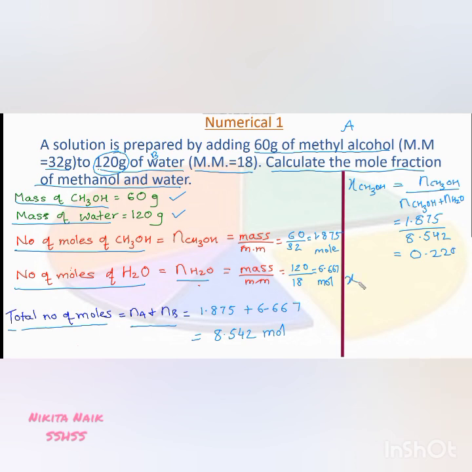And the next one, that is mole fraction of water, X of H2O will be equal to N of H2O upon total number of moles, that is N of CH3OH plus N of H2O, which is equal to moles of water 6.667 divided by total number of moles 8.542, which gives us the answer 0.780.